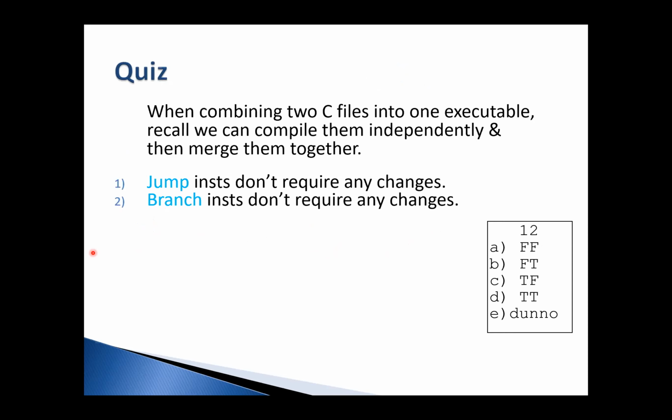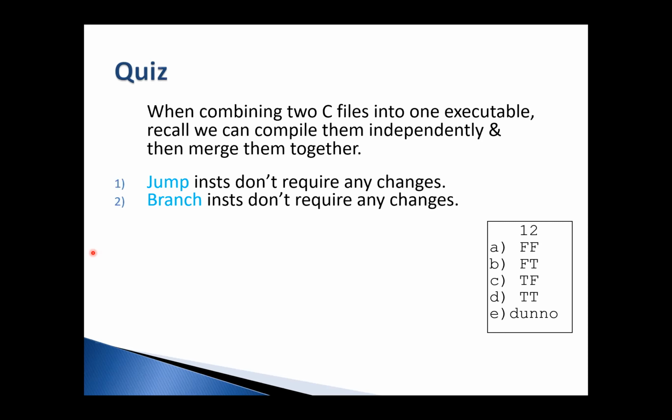Again, when I want to combine 2 C files, and the files contain a jump statement and a branch statement, let's say. Since I combine the 2 files, these instructions will now be stored at different addresses. So the question is, will jump require any change?